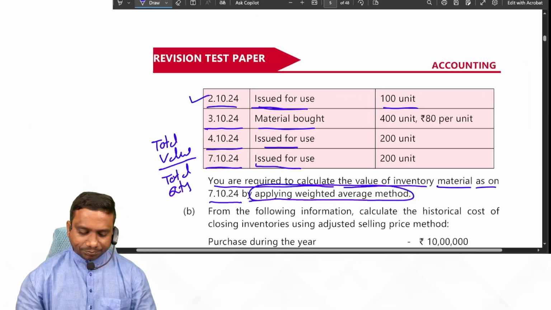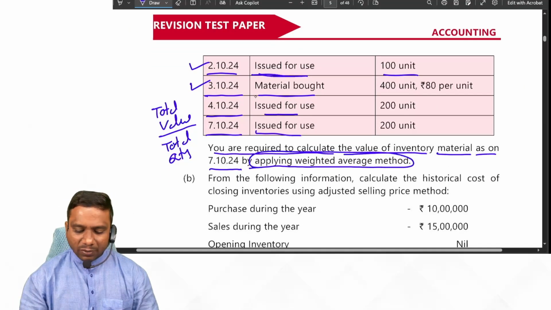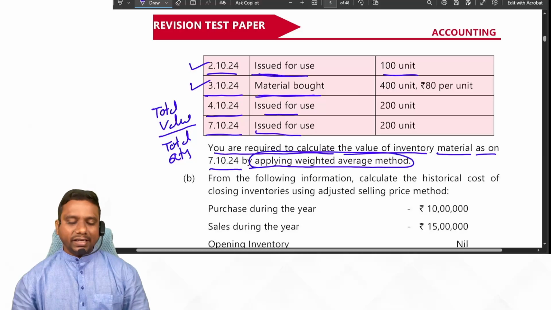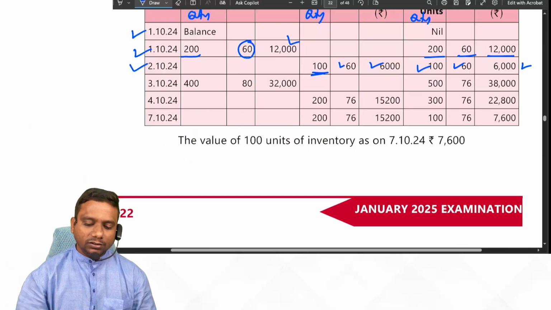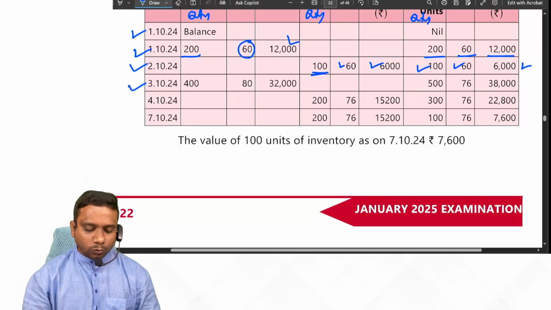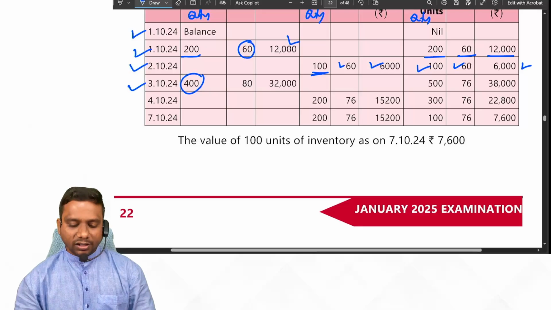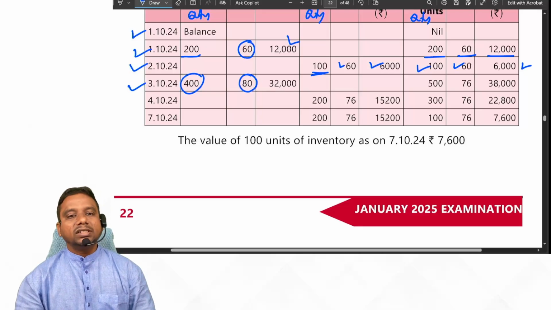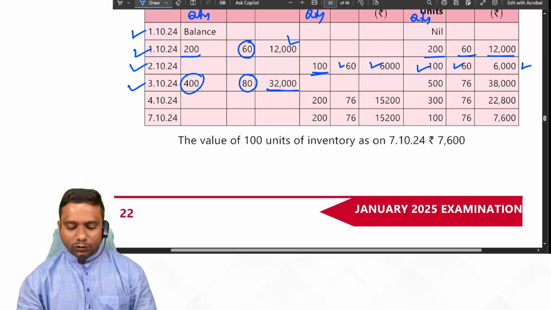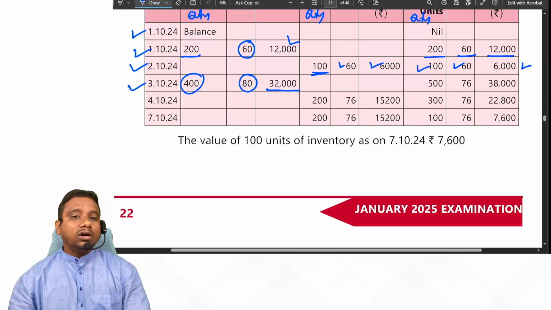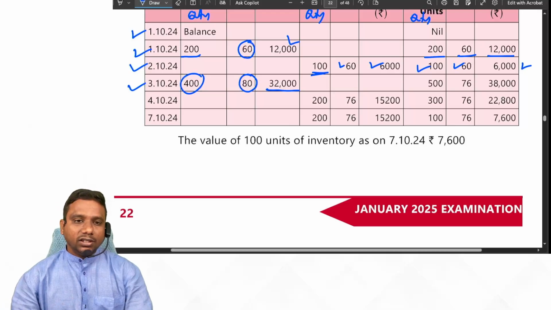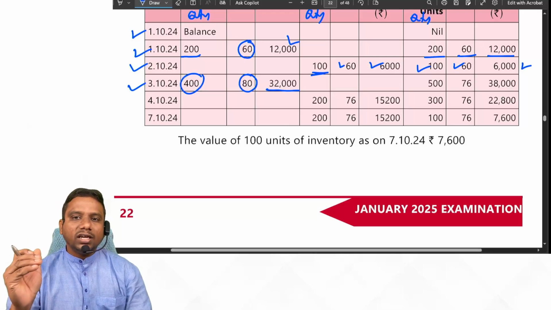Next one, 3rd October material bought. We have purchased material, so this we record in the receipt column. How many units purchased? 400. Receipt price 80. Total 32,000. Now, when you are writing balance, please check that previously how much quantity we have: 100.